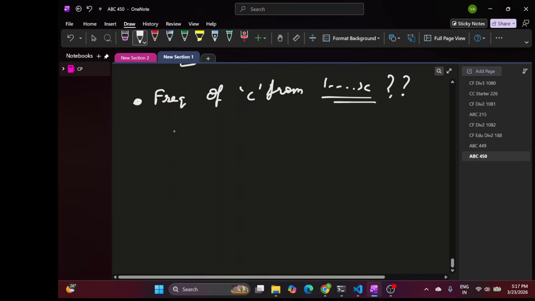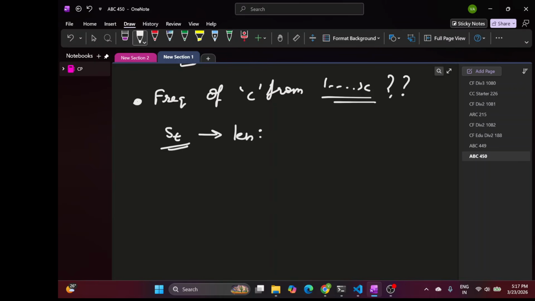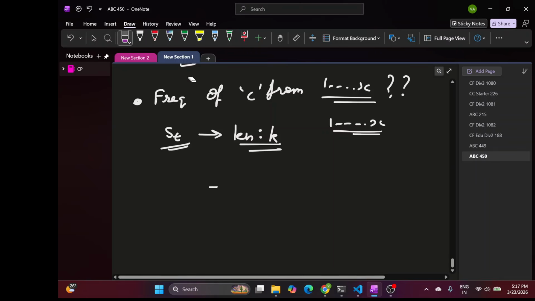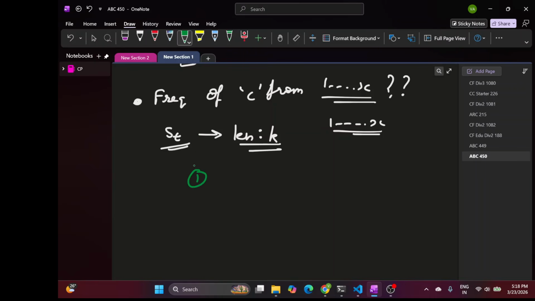So let's say we are currently at our st string and we know its length is, let's say, k, and we need to find from 1 to x. Let's just check all the conditions one by one. We know our first two strings: our first string is x and our second string is y.